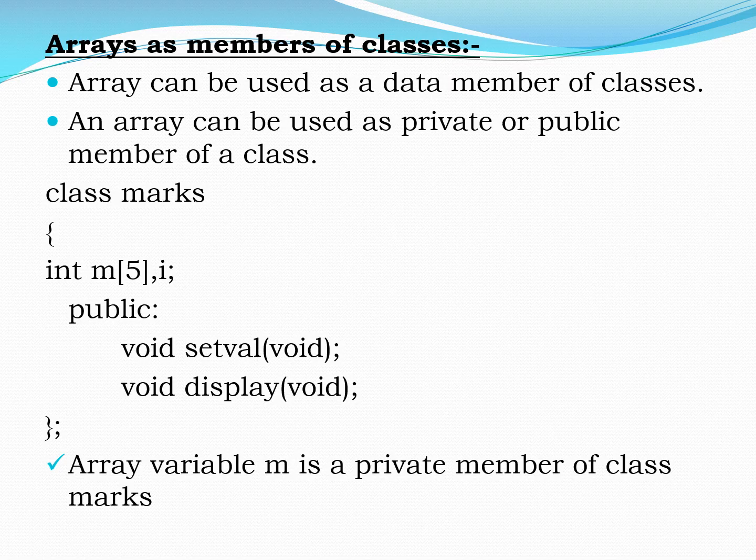For example, 5 values of type int can be declared as an array without having to declare 5 different variables. An array can be used as a data member of a class. An array can be used as a private or public member of a class.